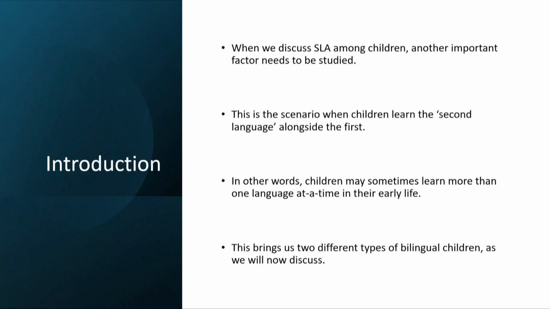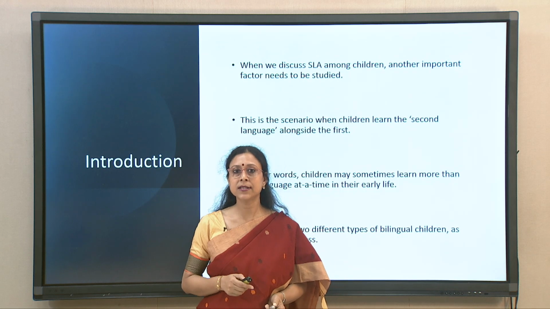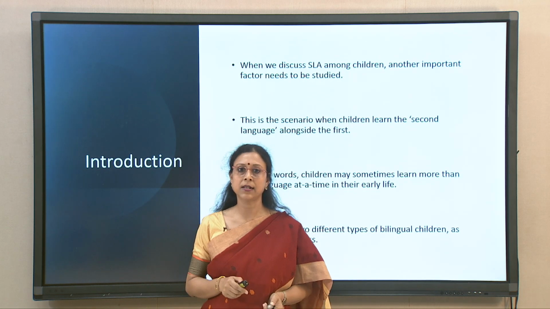Children can learn their second language after the first language is in place, but that has to happen a little later in life. But if they learn two languages from the very early stages, then we have a completely different scenario. That is what we will be looking at now.